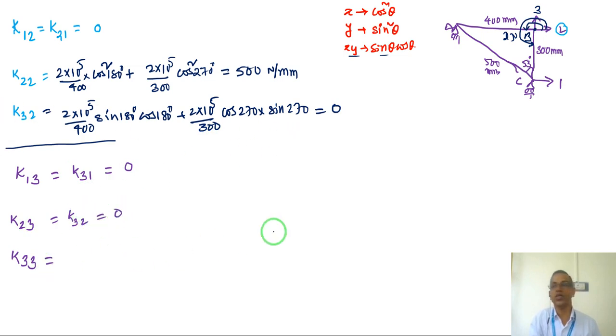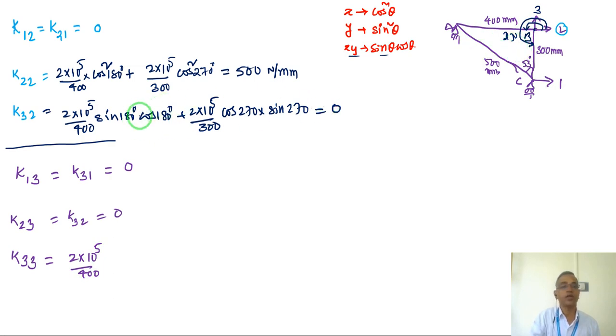Now K33, look at the third coordinate, and there is a joint, there are two members meeting, and 3 is vertical y-axis, so sin square to be taken. So now since two members joining, we will write down 2 into 10 to the power of 5 by 400, that is this horizontal member, and there we have to take vertical member also. So what is the angle?